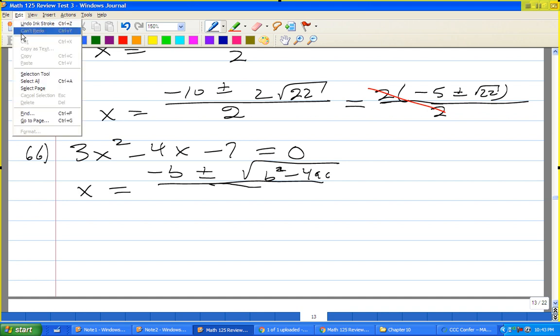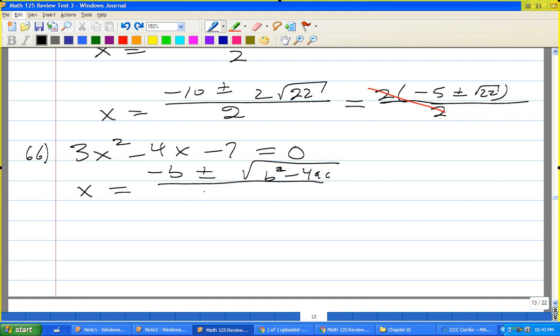Okay. So b is negative 4, so negative b is positive 4. Plus or minus the square root of, well, b is negative 4 squared is 16. 4 times 3 times negative 7 is a negative 84.